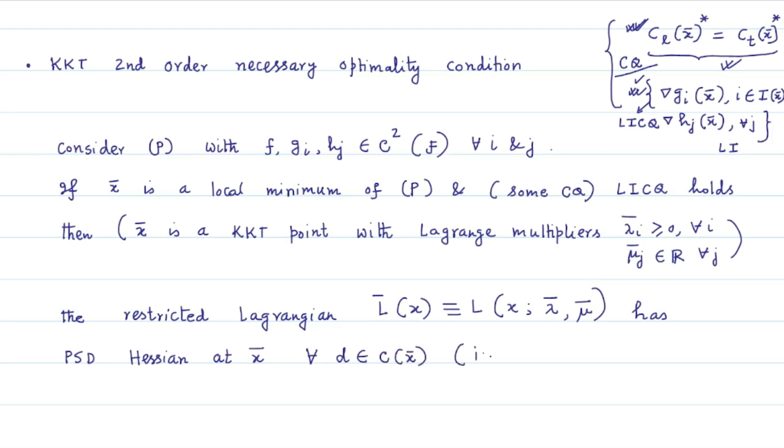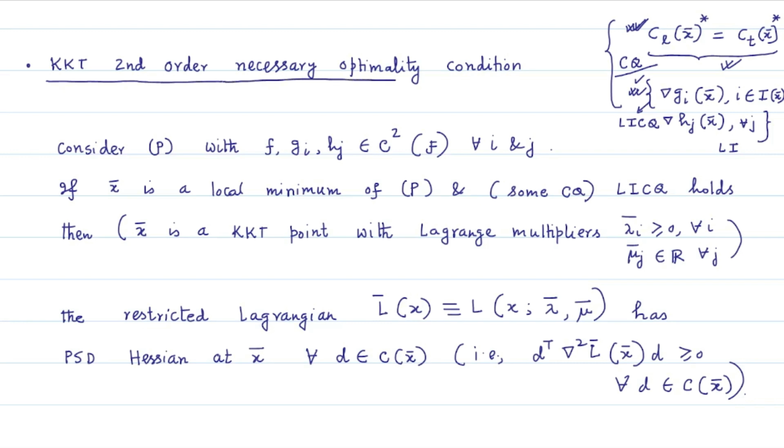That is, we have d transpose times the Hessian of the restricted Lagrangian at the point x bar times d greater than or equal to 0 for all d belonging to the special direction set C x bar. So this is your second order necessary optimality condition for the constrained optimization problem.